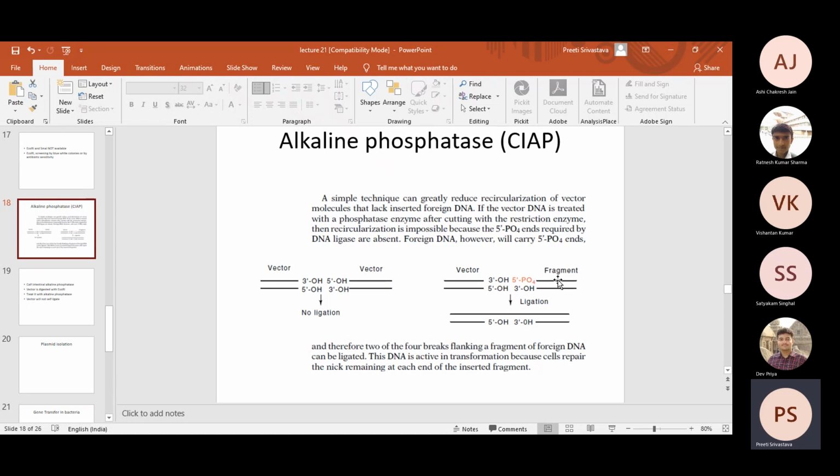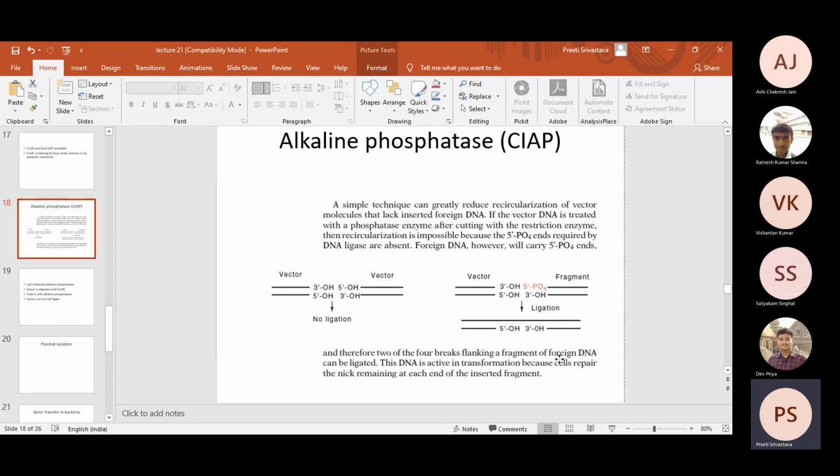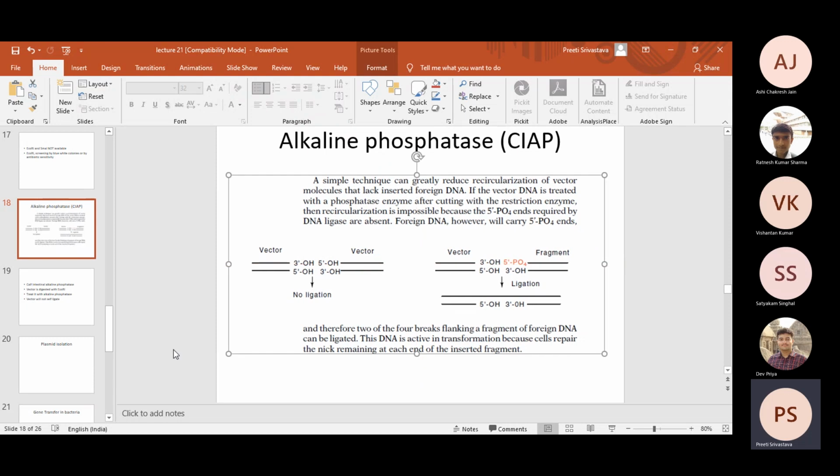So you will have the phosphate group. So ultimately phosphodiester bond will be formed in the top strand. On the bottom strand you will not have formation of this phosphodiester bond, but then the cell has this machinery to repair this nick, and ultimately you will have a successful ligation possible.